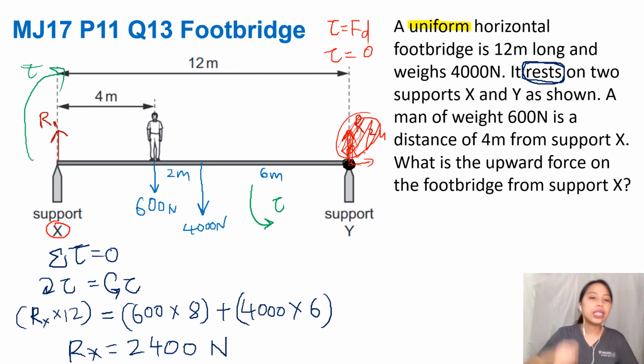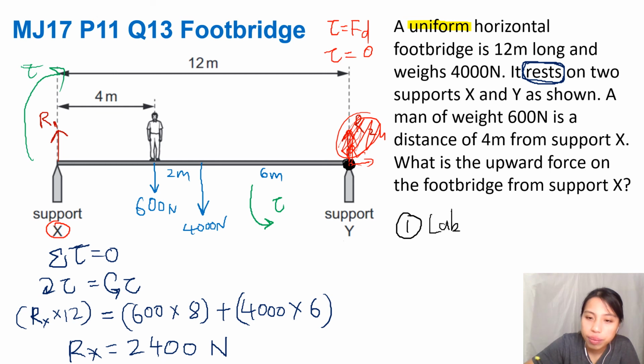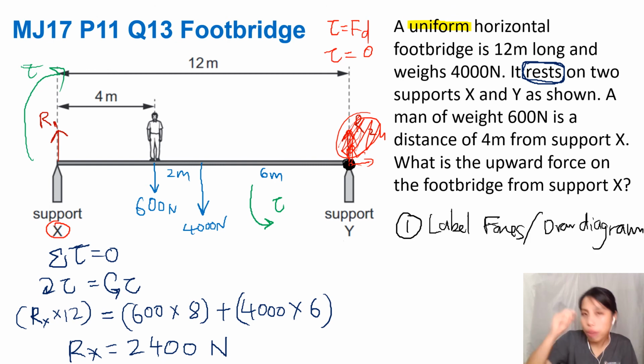So remember, just recap a bit. Whenever you see all kinds of torque related problems, first thing is, if there's a picture, label your forces. If there's no picture, you need to draw your own diagram. For dynamics and mechanics, if no diagram is provided, please draw a diagram, even if it's just a simple rod.